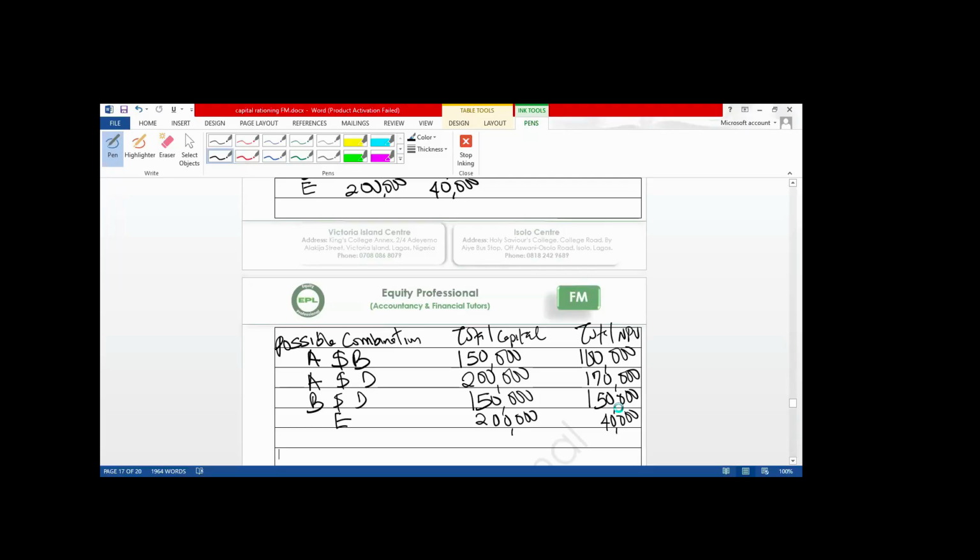You now look at that combination that will give you the highest NPV. Combination A and D will give us the highest NPV of 170,000.